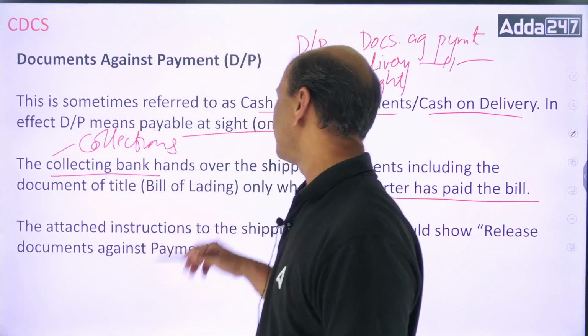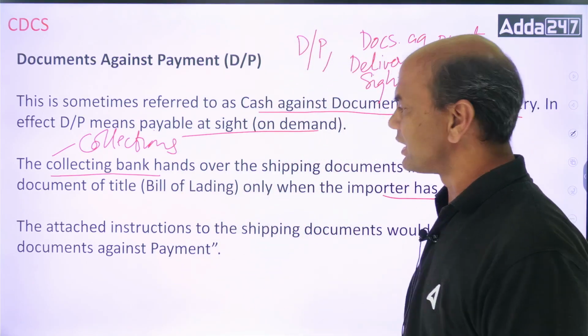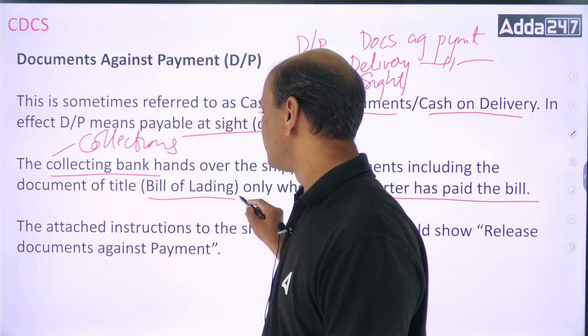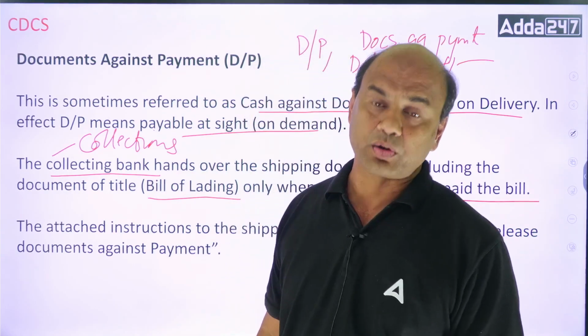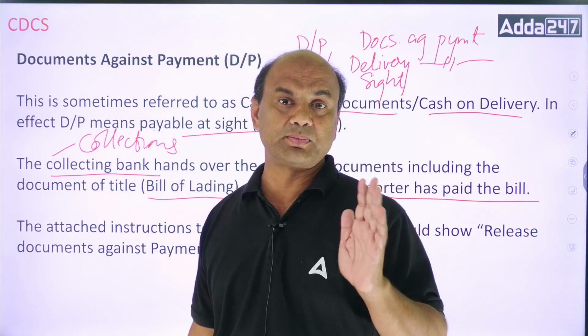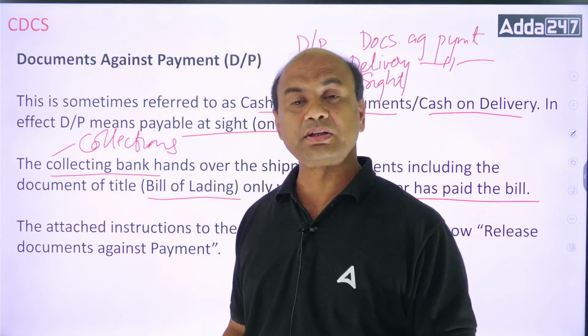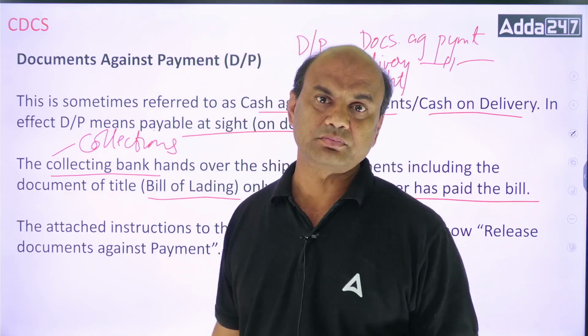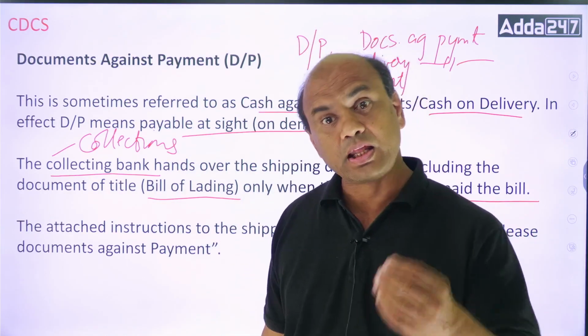So the collecting bank hands over the shipping documents, including the document of title. Now, what is a document of title? Bill of lading. The document of title means if anyone holds the bill of lading, that person can go to the shipping company and get the goods.